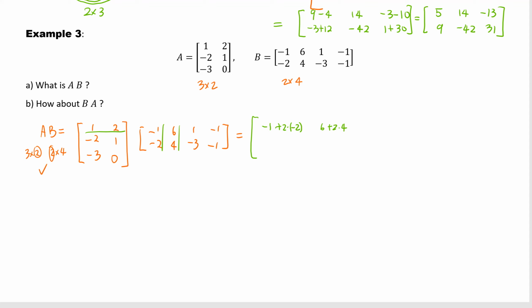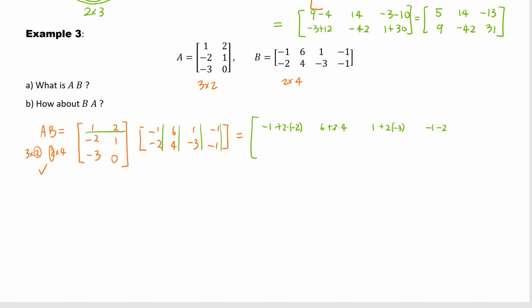Next, use the first row of A multiplied by the third column of B: 1 times 1, 1, and then 2 times negative 3. Finally, 1 times minus 1, minus 1, 2 times minus 1, minus 2.